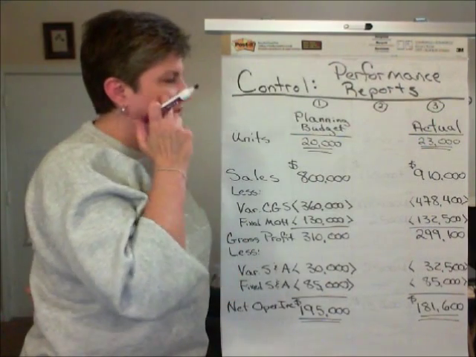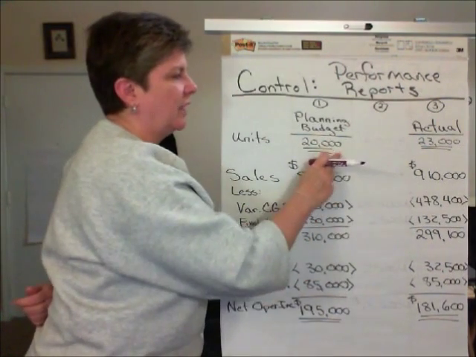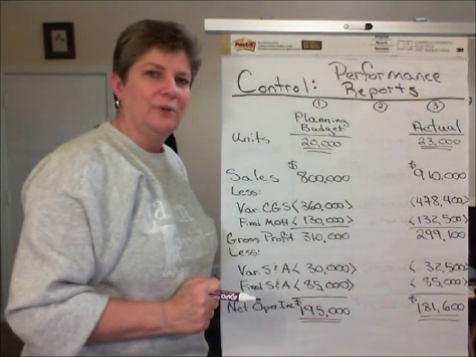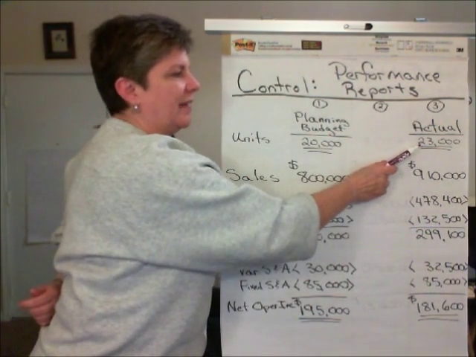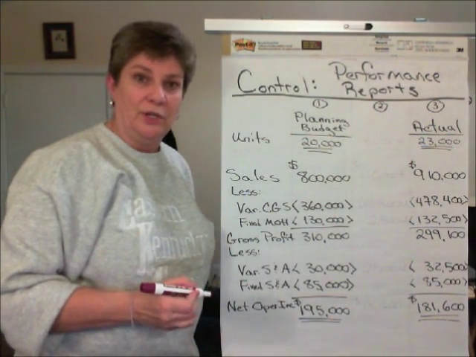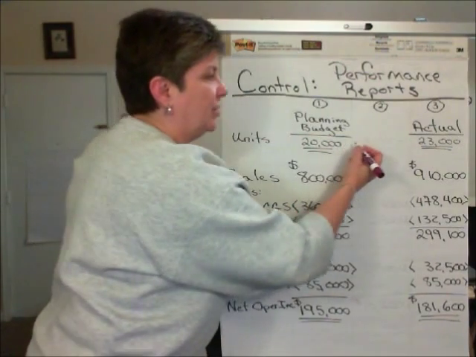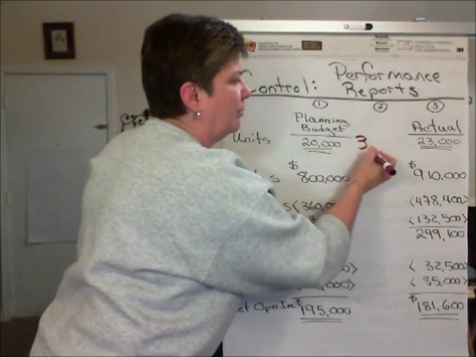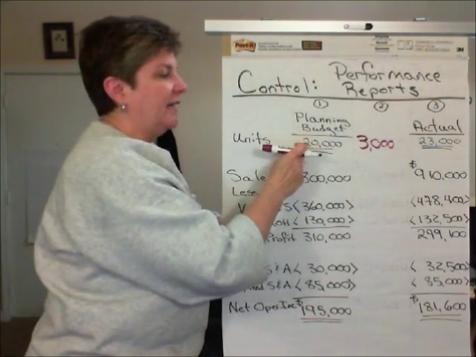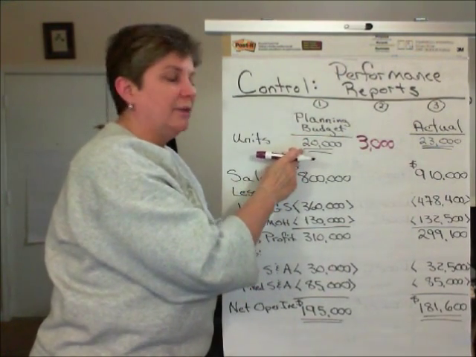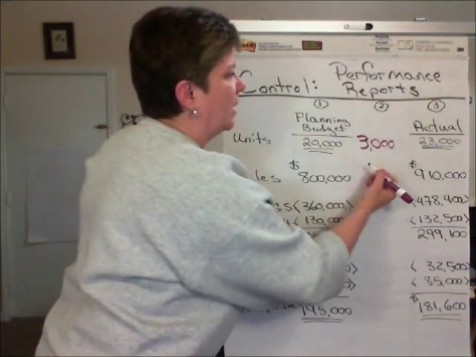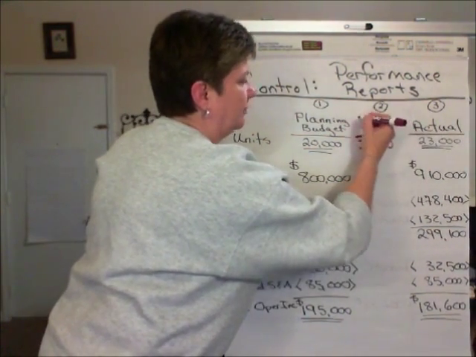Now, notice a couple of things about that column. First of all, they planned to sell 20,000 units, but look at how many they actually did sell, 23,000 units. So sales in units were 3,000 more than they expected. Anytime there is a difference between the budget and actual performance, that is called a variance.